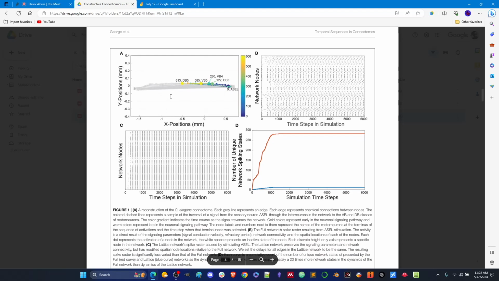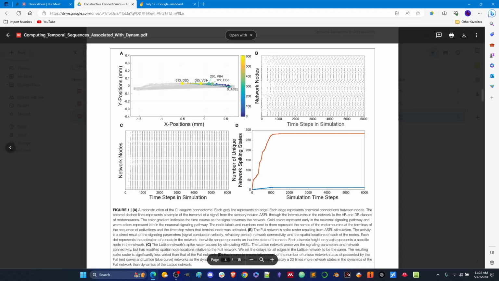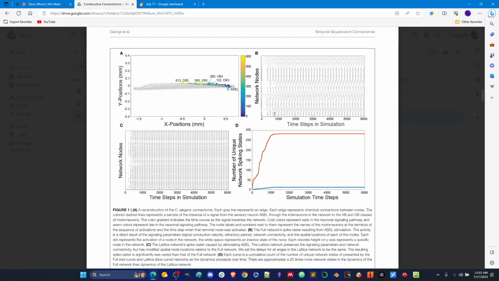This shows a reconstruction of the C. elegans connectome. So these are the edges in gray. The specific neurons here are colored. And so they did some simulations here, and they show that the number of unique network spiking states increases over relatively few simulation time steps.